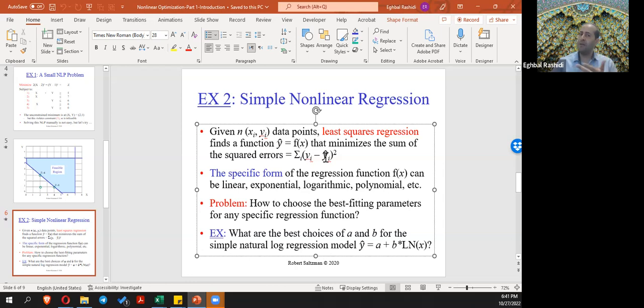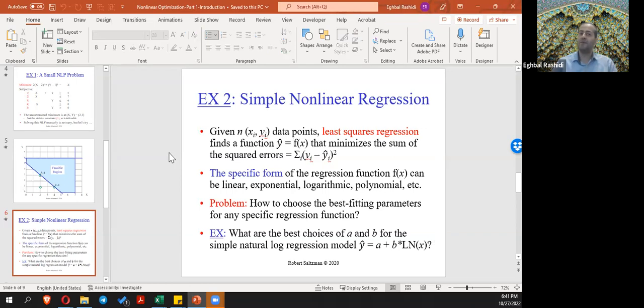Why are we squaring them? Because if we don't, there is a possibility that negative and positive errors will cancel each other out, and we would get an average of 0, which is not true. So we square them to eliminate the possibility of negative and positive errors canceling out. The specific form of the regression function f of x can be linear or non-linear, such as logarithmic, natural logarithmic, polynomial, and so forth.